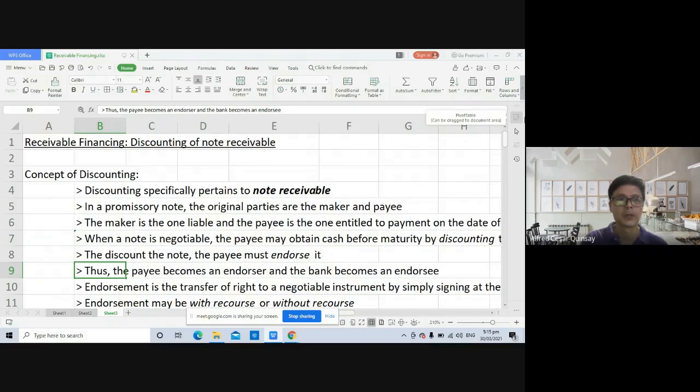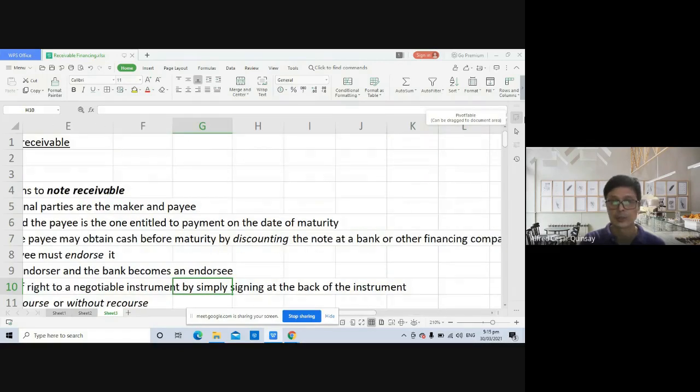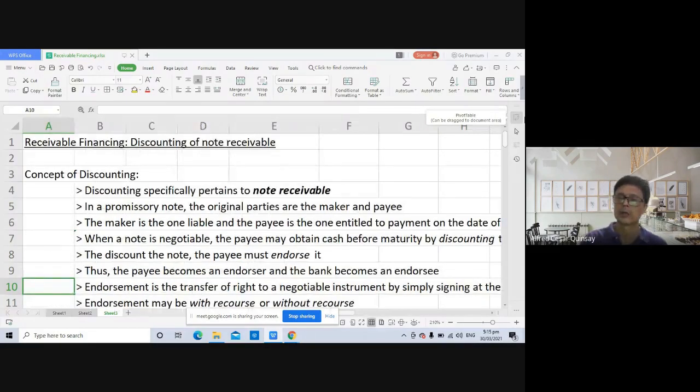nag-promise to pay, no? The endorsement is the transfer of right to a negotiable instrument by simply signing at the back of the instrument. So parang ang cheque, no? Okay, so ilalagay doon na ipipirmahan nung endorser yung payee, tapos parang ita-transfer doon sa endorsee.